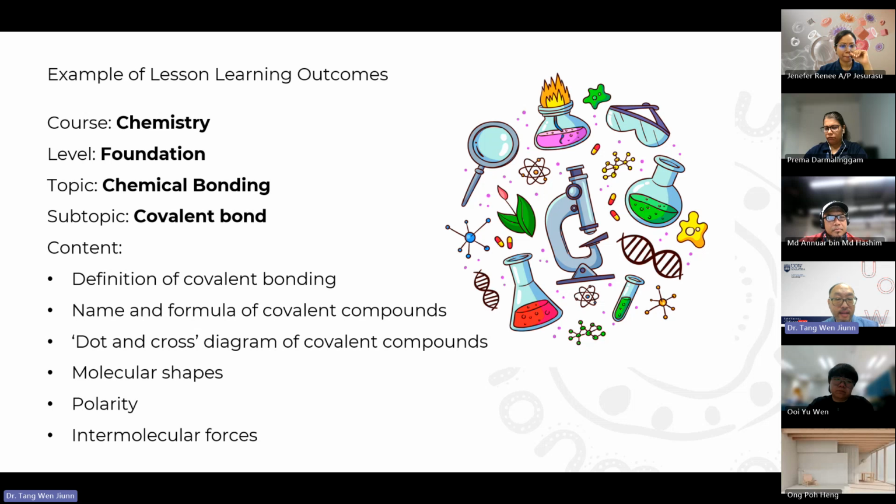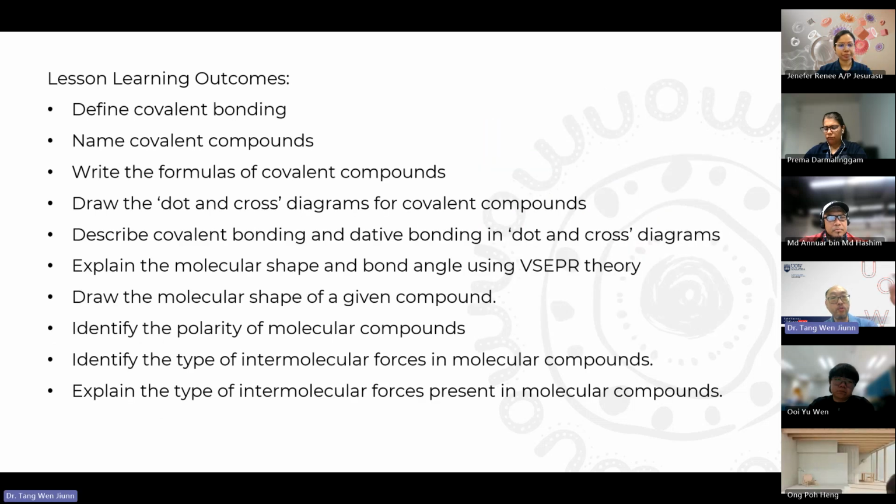Then I convert those to the LLO, the lesson learning outcome, which is what I expect the students to learn. So you have to define covalent bonding, name covalent bonding. They have to draw the structure, describe the covalent bond, explain the shapes, identify the type, explain the type.